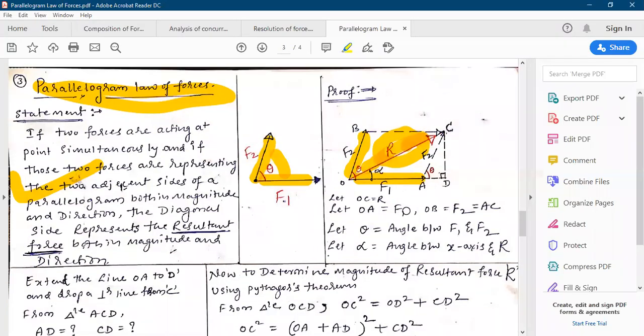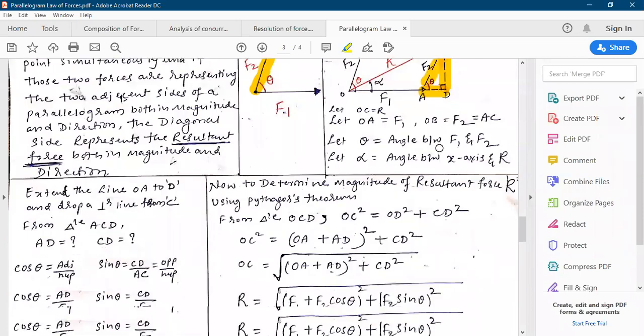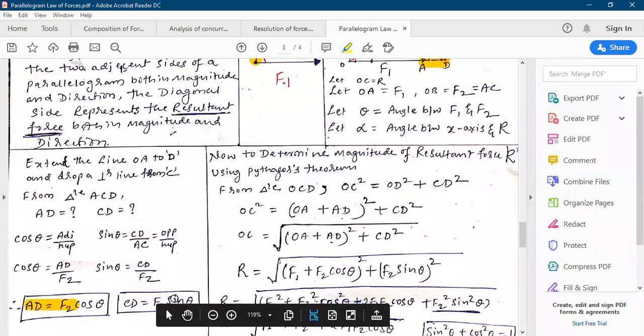So using this parallelogram, I have extended line A to D, and I have drawn a perpendicular line from C to D. Considering triangle CAD, we have written what is AD and what is CD.